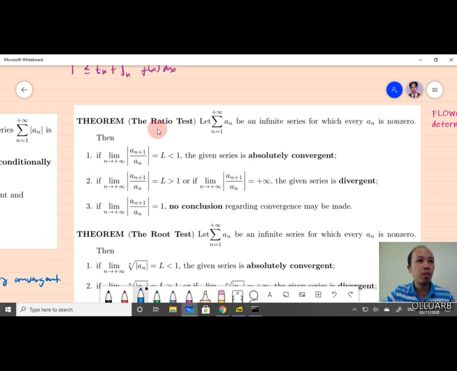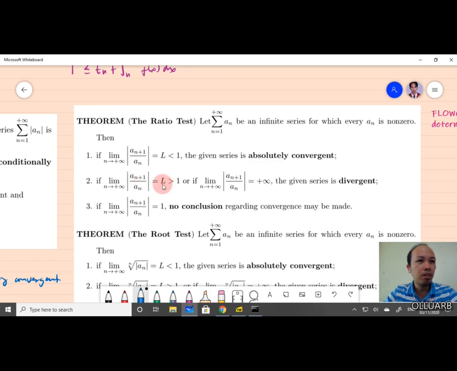Okay, for the first theorem here, you have to let your a sub n be known to be non-zero, then just take the limit of this expression here, and if the limit is less than 1, then the original series is absolutely convergent.